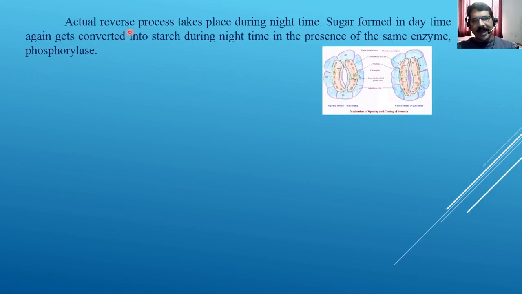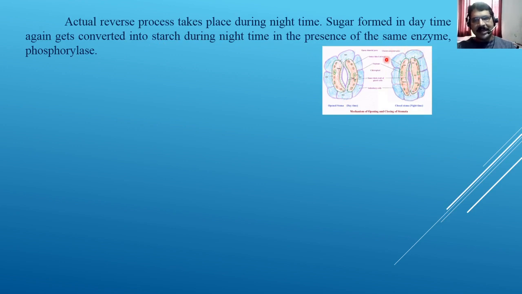This is the actual reverse process of the opening of stomata. This process takes place during night time. Sugar which is formed in daytime again gets converted into starch during night time in the presence of the same enzyme, that is phosphorylase. So you can see this is the opening of stomata, and this second diagram is about the closing of stomata.